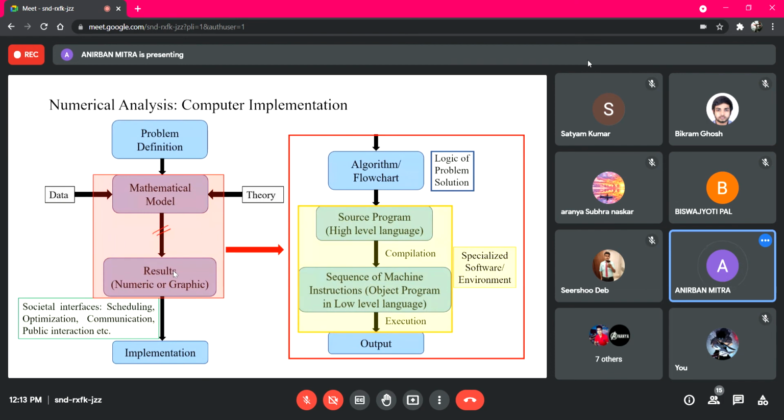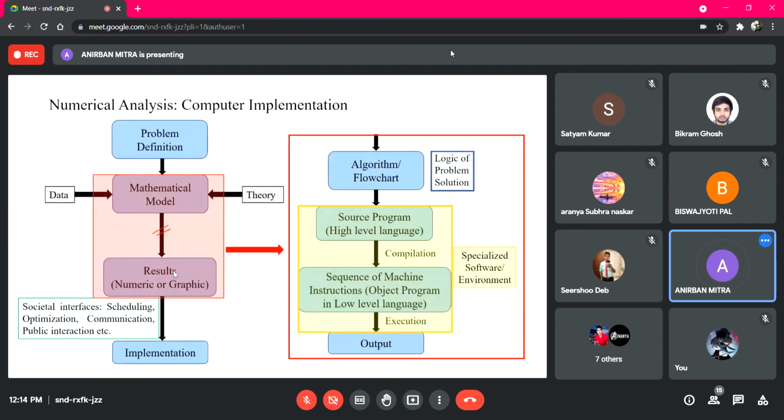You get a sequence of machine instructions, basically a sequence of zeros and ones that is understandable by the machine itself. These are known as object programs, and these are low-level languages, basically machine languages. Once you have the object program, that can be executed to get the output or the result. So this is where the numerical method and the help of the computers come in.